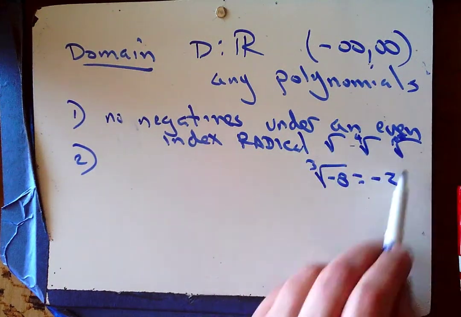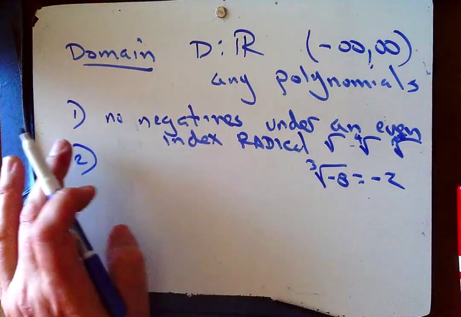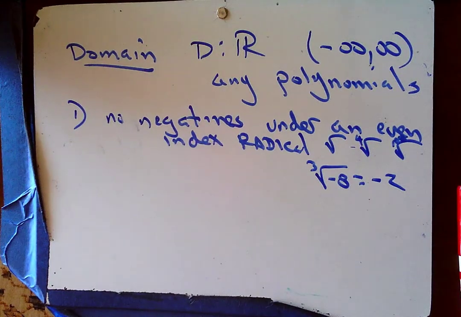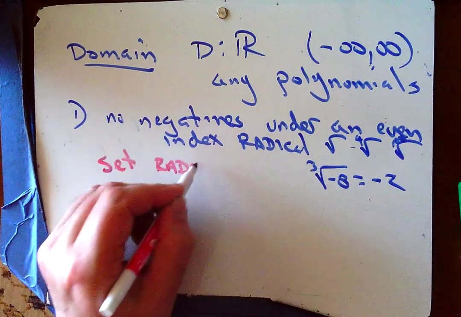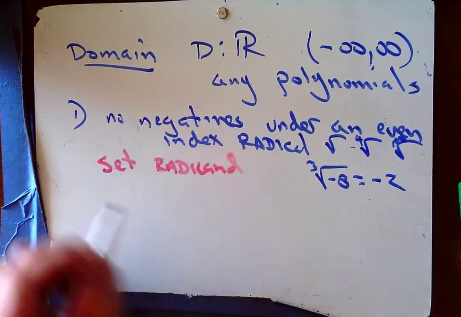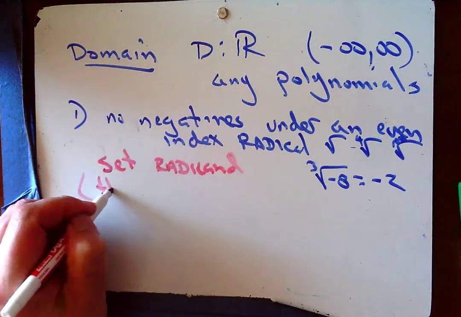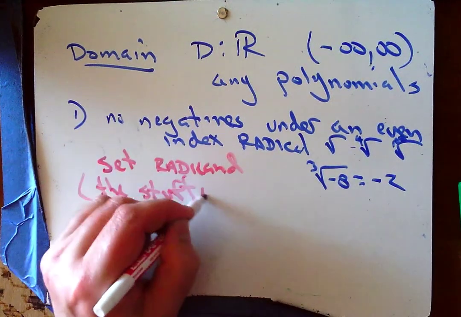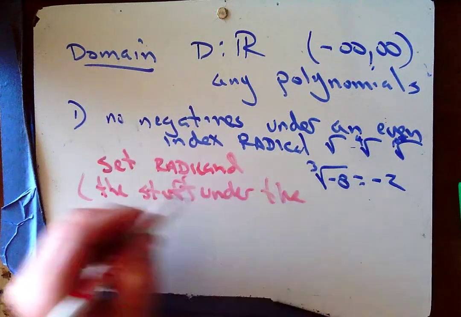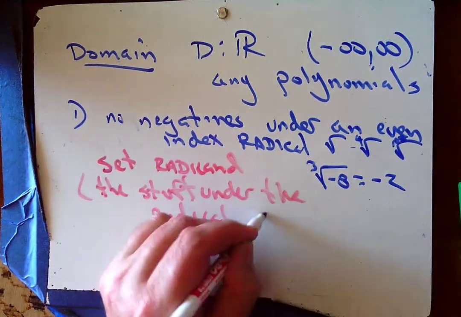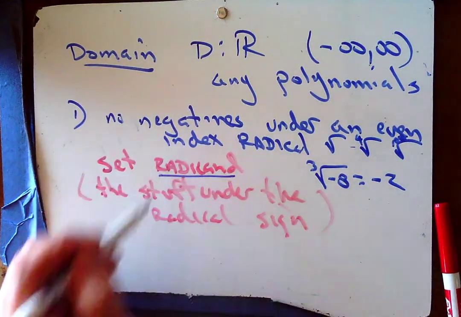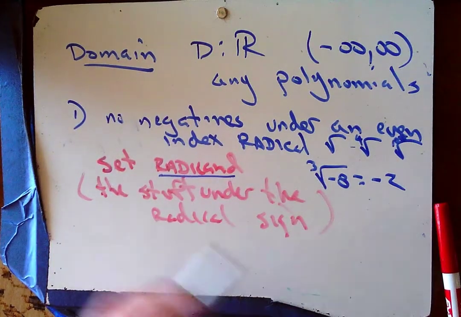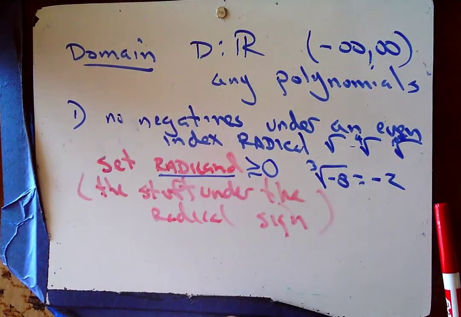It's the even index ones where we have a problem. And what do we do in this situation when we have even index radicals? We set the radicand, which is the stuff under the radical sign. And oh my God, I would so much prefer to say radicand than have to say all those words. So I want to set the radicand greater than or equal to 0. That's our first type of restriction.